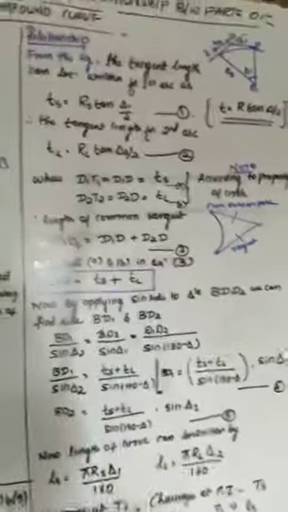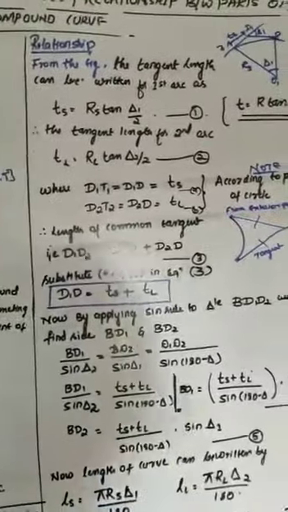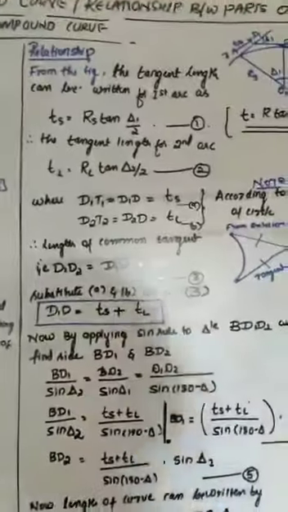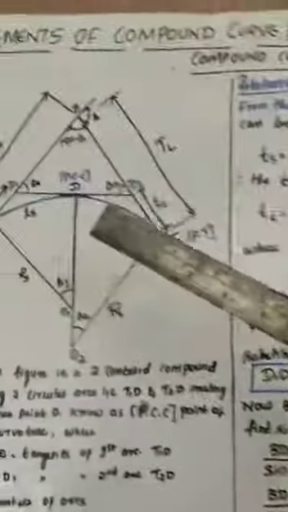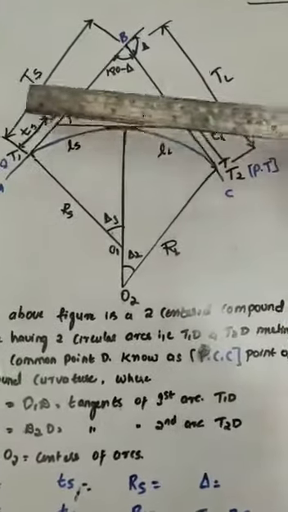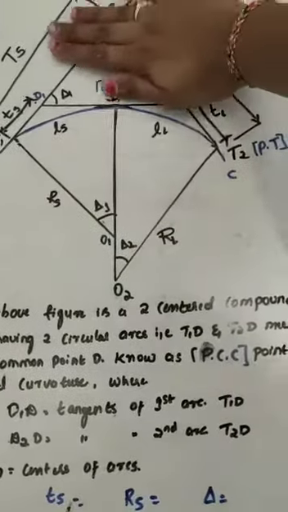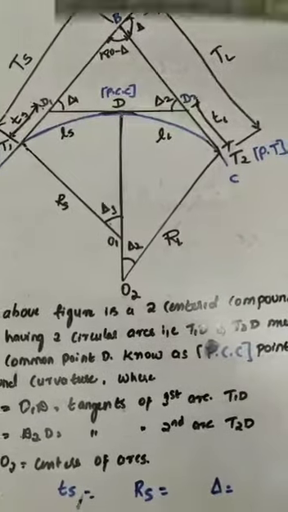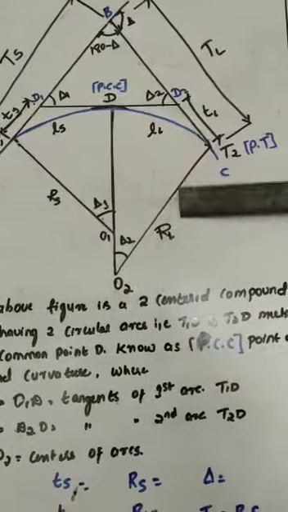Okay, let us come now to the relationship. So from this figure I will eliminate this portion, the upper triangle and the long curve portion.